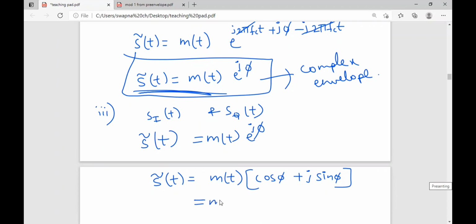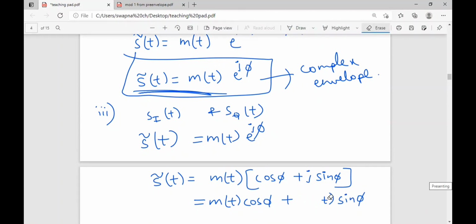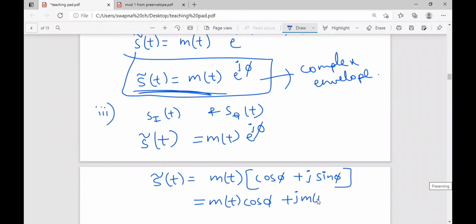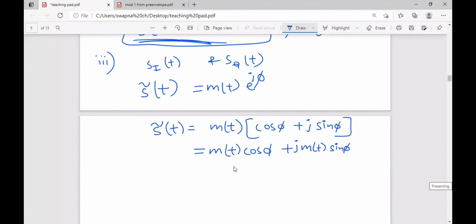So S tilde of t will be equal to m of t cos phi plus j into m of t sin phi. This m of t cos phi is nothing but the in-phase component S_I of t, plus j into m of t sin phi is nothing but the quadrature component S_Q of t.